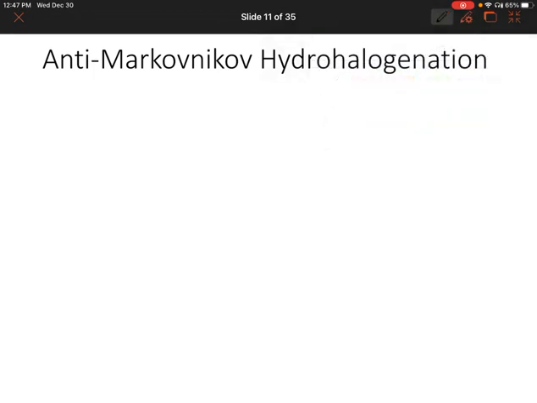So we already talked about Markovnikov addition, where we said that hydrogen will add to the side with more hydrogens, and bromine will add to the side that's more substituted. So in this example, bromine added to the central carbon because it was more substituted. So that's Markovnikov addition.